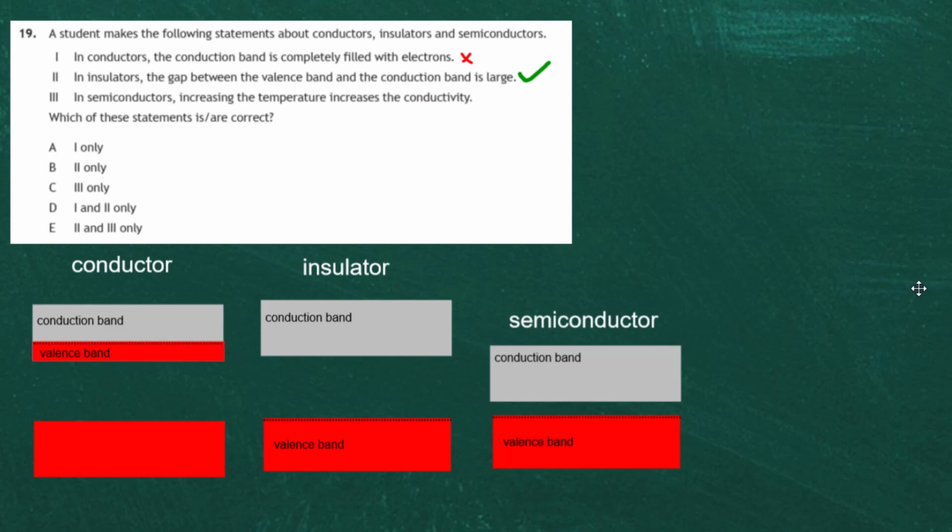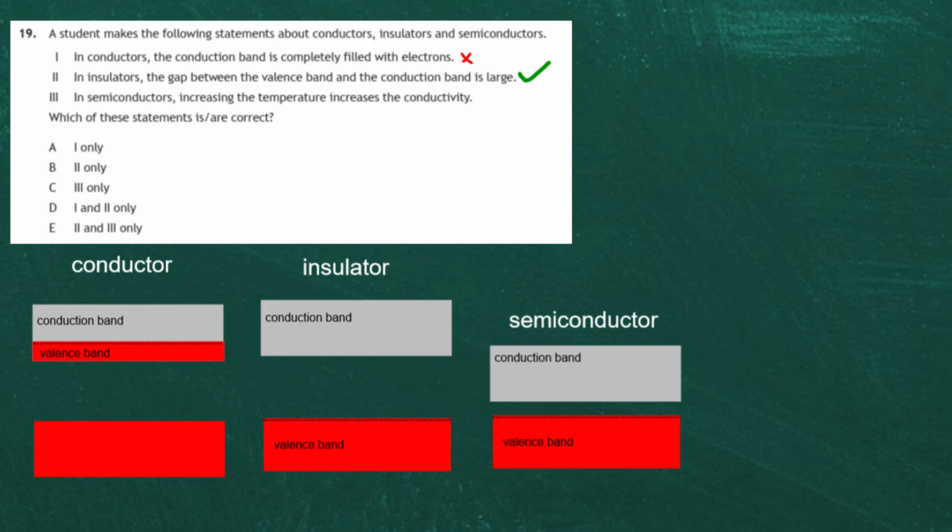Now, this means that if you add thermal energy to the valence band, some of the electrons can scale the energy gap and get into the conduction band, where, to use our football analogy, there are plenty of free seats and they can wander about, therefore constituting a conductor. So our answer for statement number 3, in semiconductors, increasing the temperature increases the conductivity.